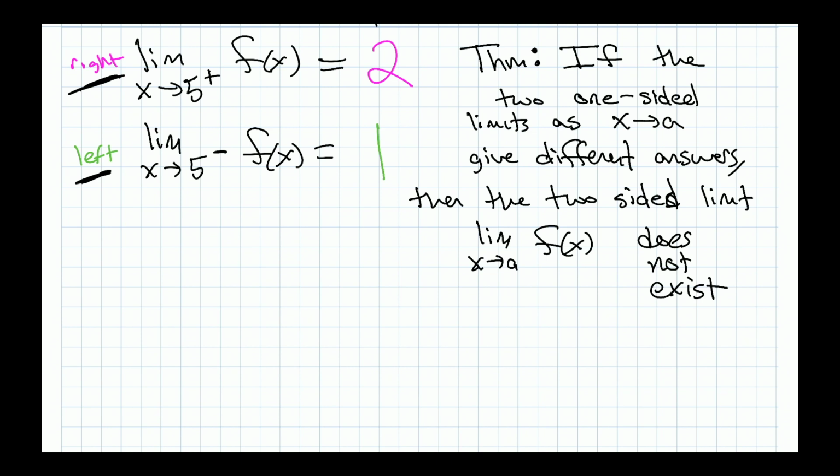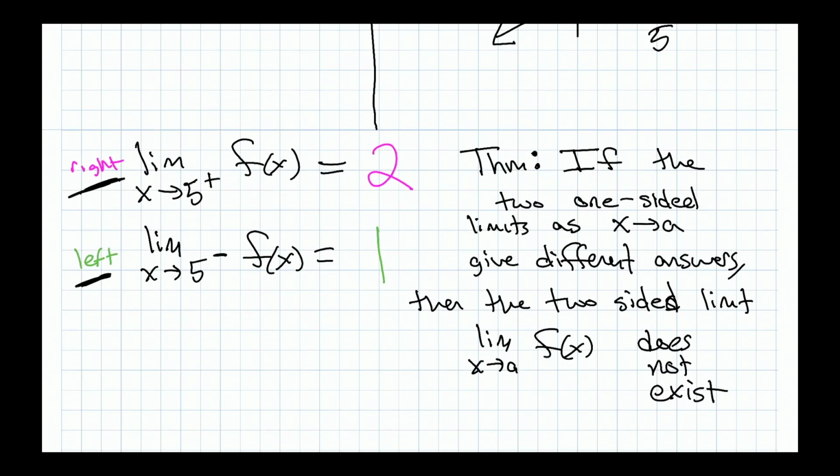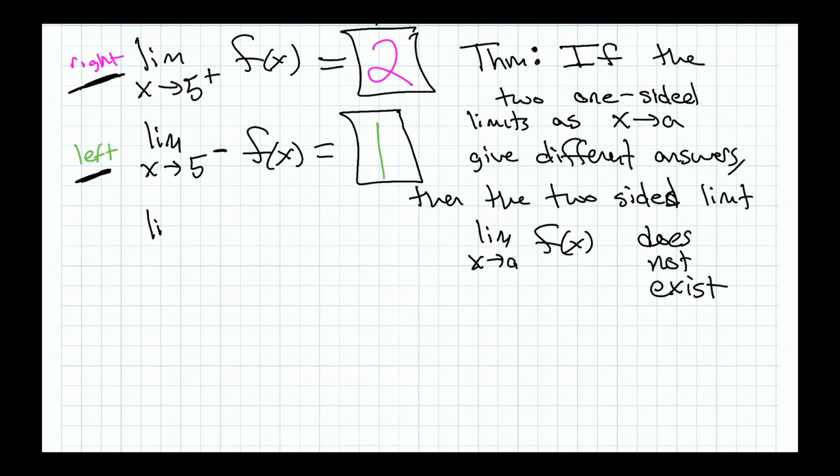Okay, so on this one that we just did, the right-hand limit was 2. The left-hand limit was 1. If somebody asks you, what is the limit as x approaches 5 of f of x, you say, does not exist.